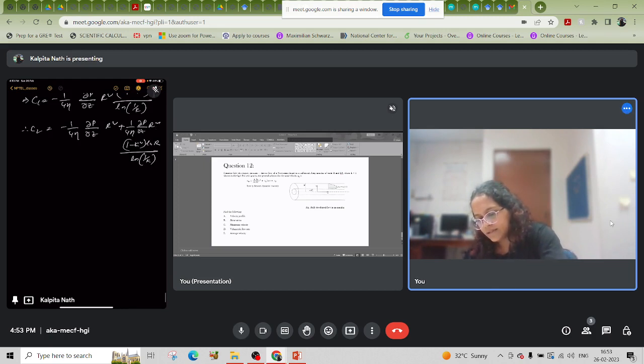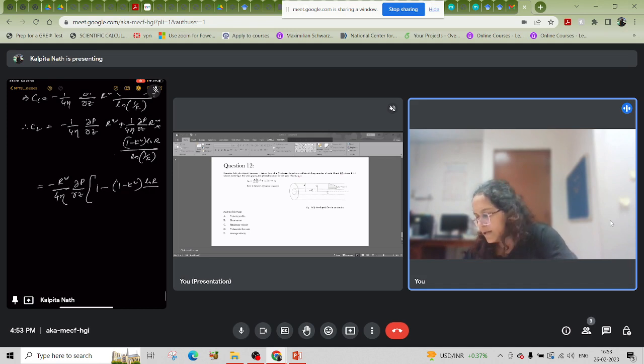This is in this region only, minus R square by 4 eta del p del z, 1 minus kappa square, ln R by ln 1 by kappa.